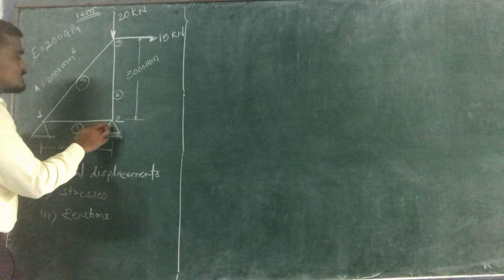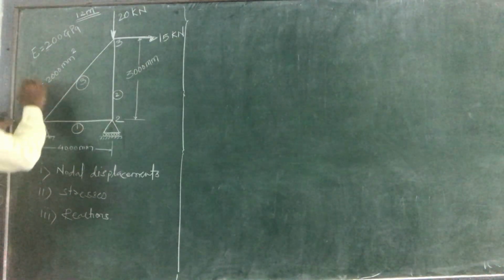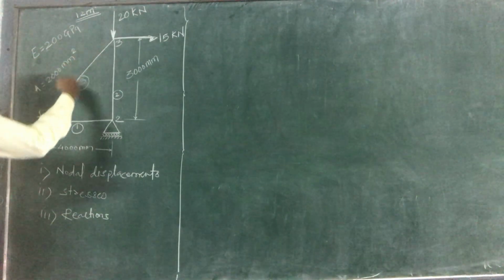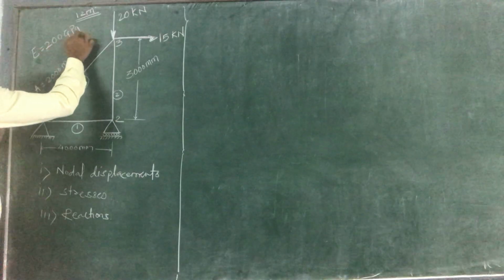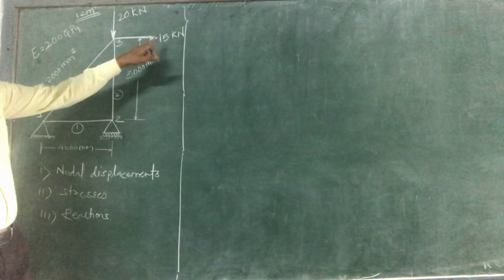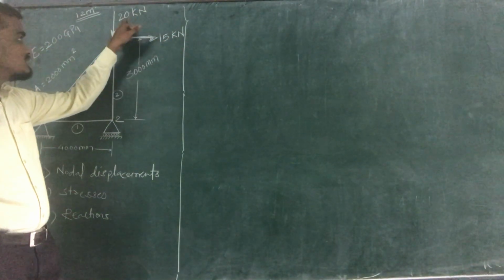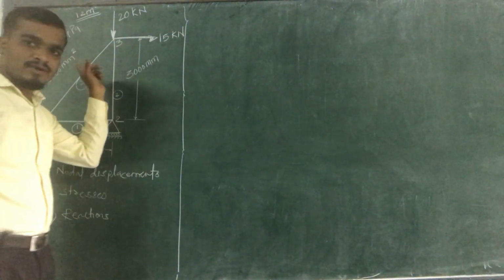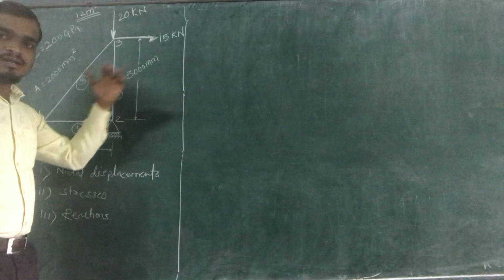Okay. Then next is what? Young's modulus value. It is given common to all these three members. It is equal to 200 gigapascal. Actually the forces are given in kilonewtons, so we will convert this E value to kilonewton per mm square.